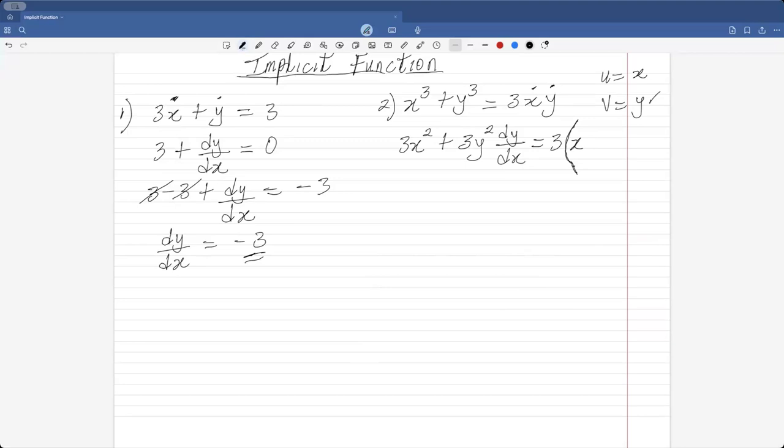Anytime we are differentiating y, just include dy/dx, plus v is y times du/dx. The differentiation of x is nothing but 1.